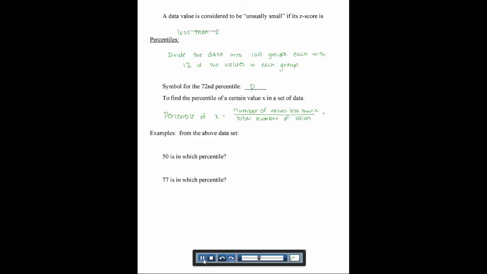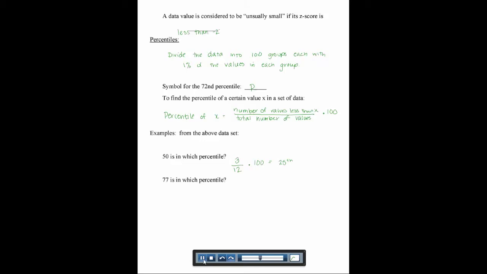And then you multiply by 100. Okay, so for example, in the data set that we had on the previous page, we want to figure out 50 is in what percentile. Now on the previous page, it's nice, they're in order already. So we can quickly see that there are 3 values less than 50. And we had a total of 12 values. And we would multiply that by 100. And we get that that's in the 25th percentile.